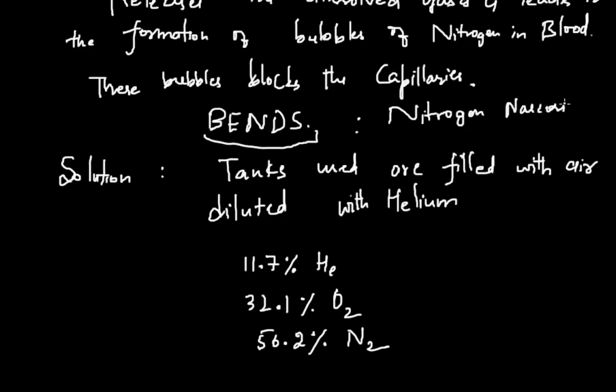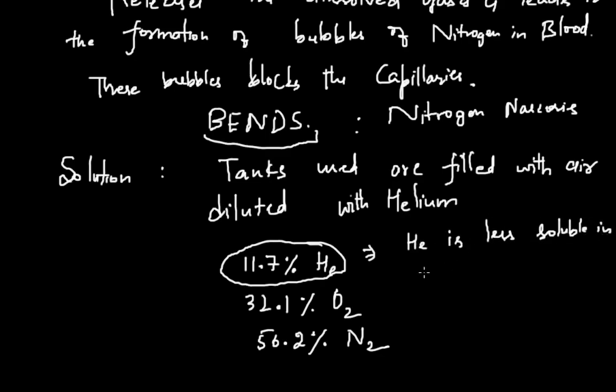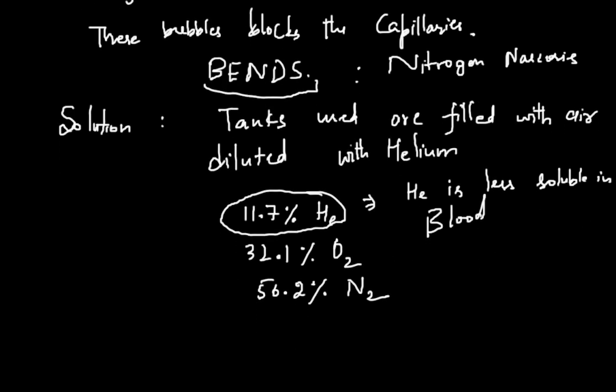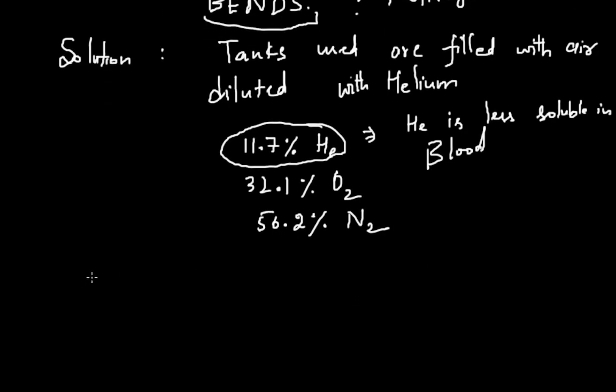To reduce this nitrogen solubility, why is helium used? Helium is not as soluble in blood, it is less soluble in blood. That is the solution. Now, since we only need oxygen, why can't we use 100% oxygen? No, 100% oxygen leads to oxygen poisoning, which causes confusion, impaired vision, and nausea.